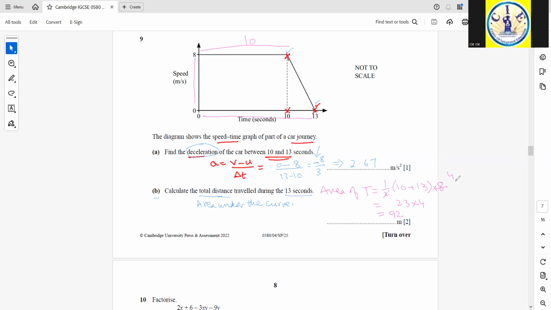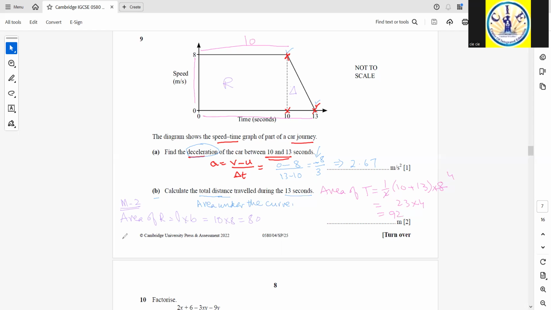This can also be calculated in another way. Let me solve it using method 2. That can be done as area of a rectangle plus area of a triangle. So area of rectangle is given by the formula length times breadth, that is 10 times 8, that is 80.